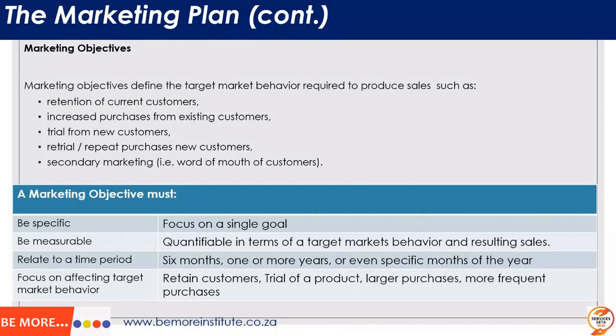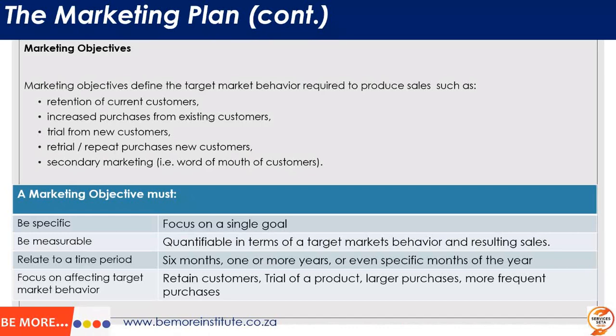Focus on affecting target market behavior, such as retaining customers, or, if this is a new product, you give out trials. Do you want bigger purchases, or are you looking for volumes, more frequent purchases? So the kind of marketing objectives you put in place to define your target market is either the retention of current customers, increased purchases from existing customers, secondary marketing, or word of mouth of customers.